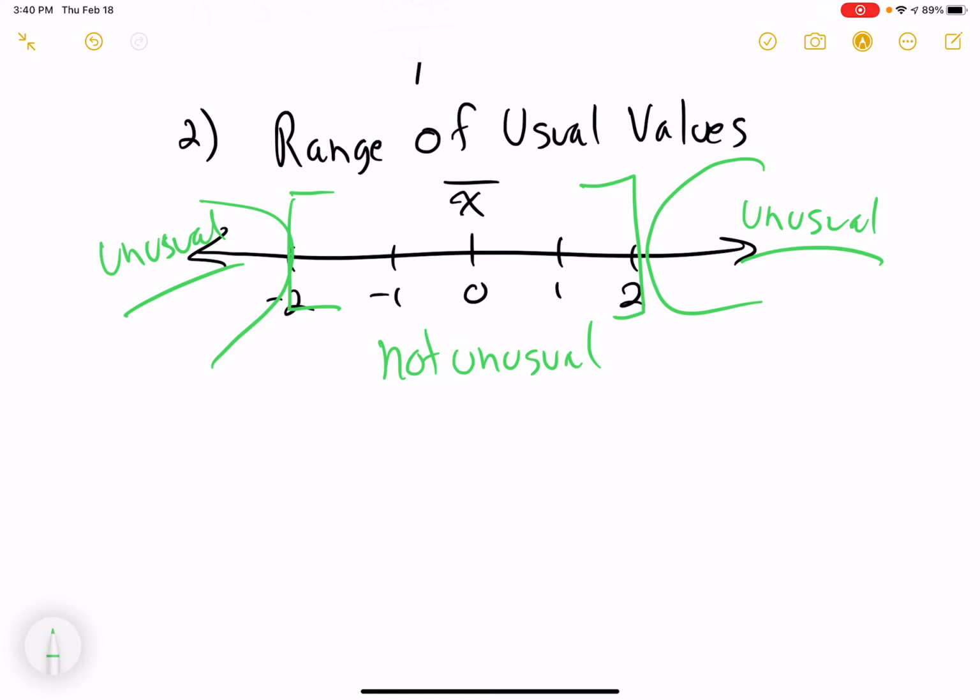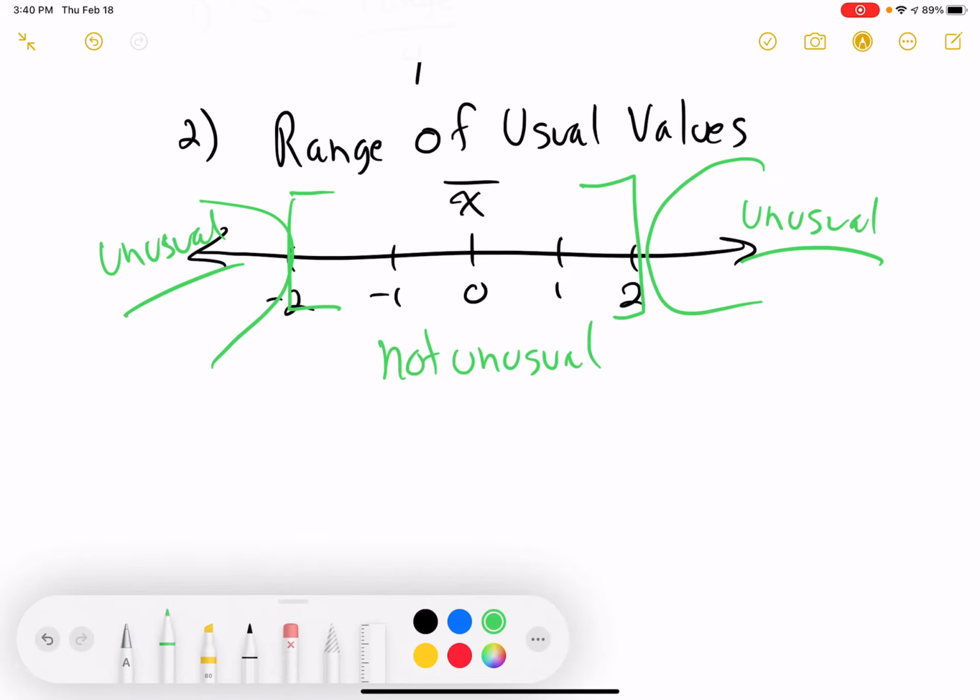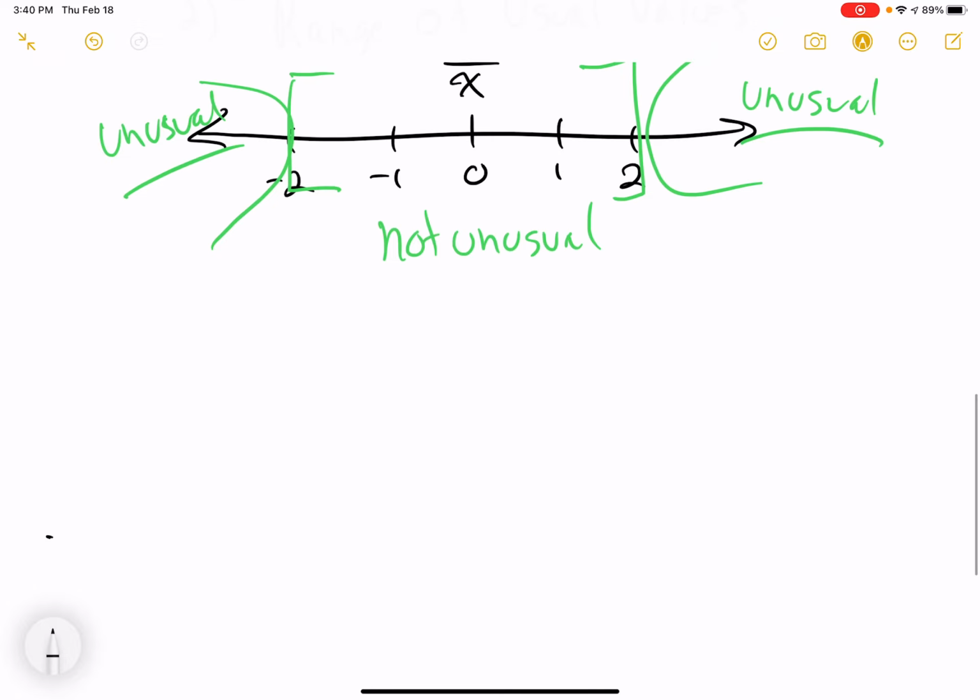Okay? So let me give you an example, very specifically what I'm talking about. Let's say that for men, the mean height, population mean, is equal to 5 times 12 plus, let's say it's 68 inches.